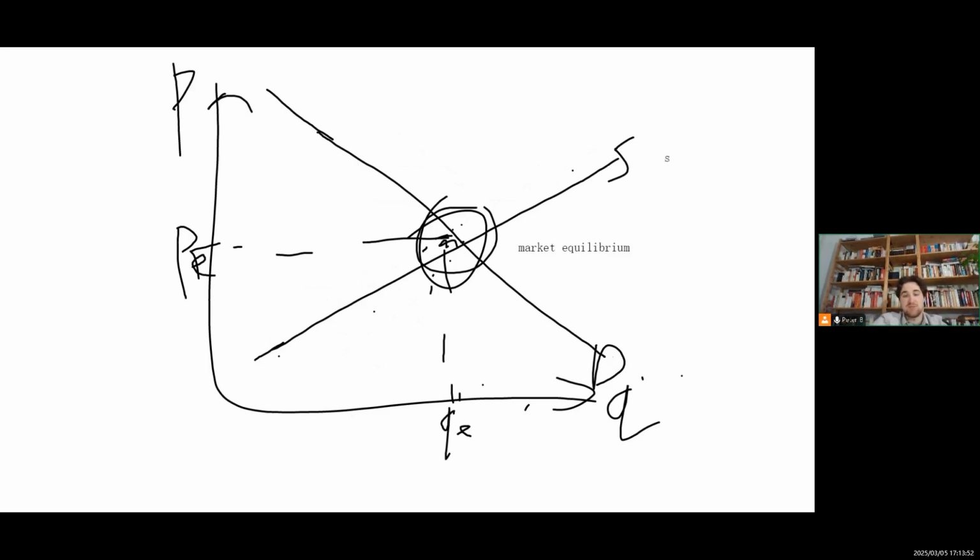Once we have supply as willingness and ability to sell, which is hopefully revision at this point, and once we have demand as willingness and ability to buy, and if we have competition, so if we have a competitive market with many buyers and many sellers, then it will converge to equilibrium.